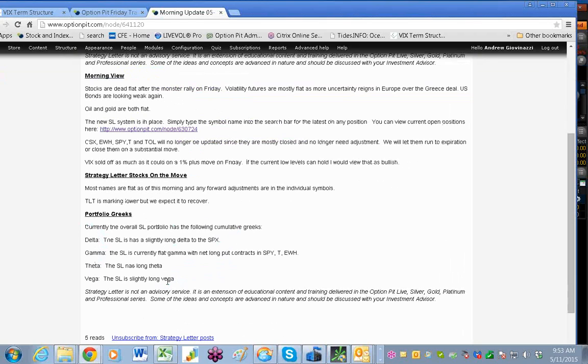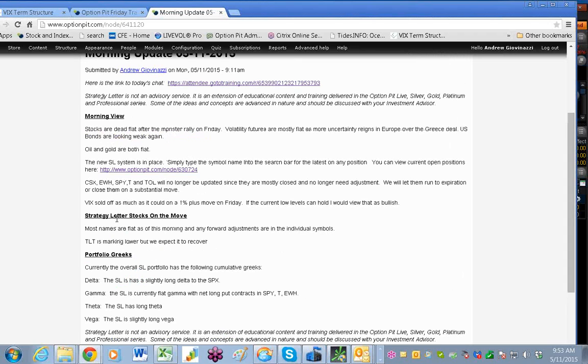This also helps us when we're looking for positions, if we don't have enough positive data, or if we have too much long Vega, whatever the Greek happens to be. It helps us look for the type of trades we're trying to search for on a particular day.